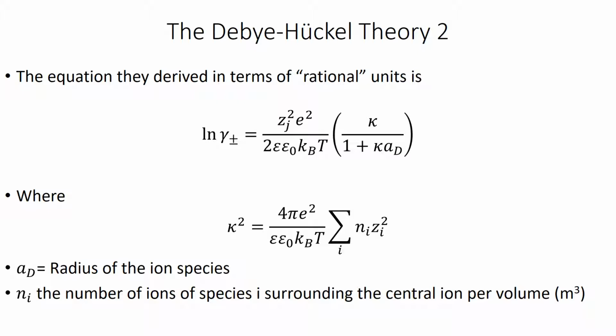So for example, if you have a sodium ion in the middle, you're interested in it, and you've got a bunch of chloride ions and other sodium ions, what you would do with the summation term is count the number of sodium species and multiply it by the charge on that species, which would be +1. +1 squared gives you 1. 1 times the number of ions, that's your first term.